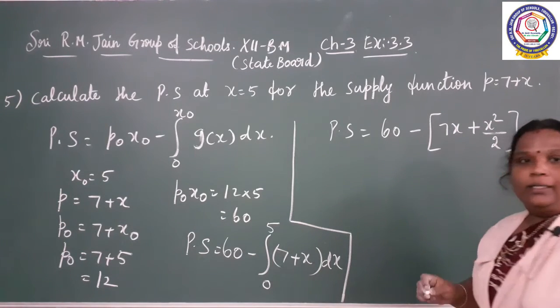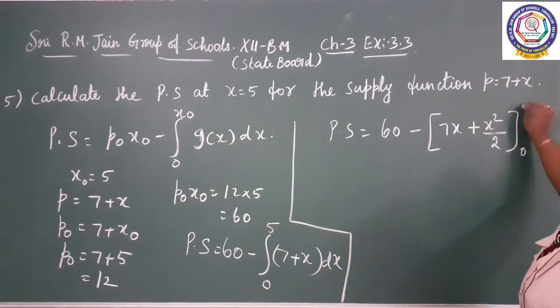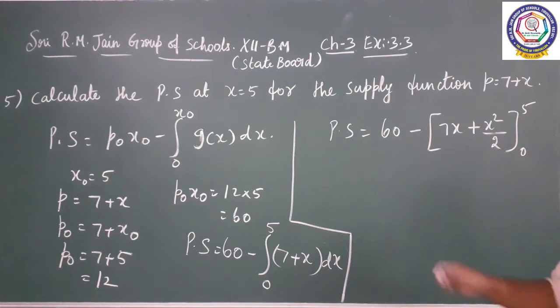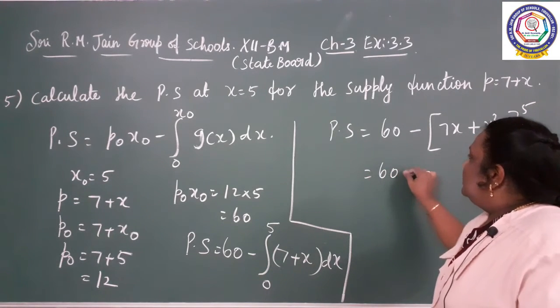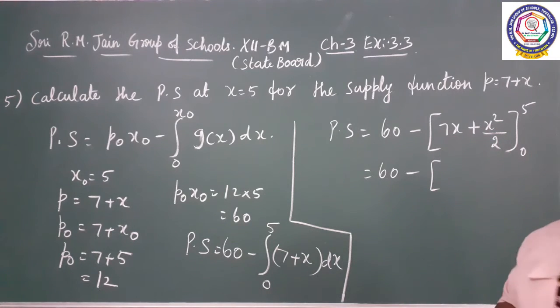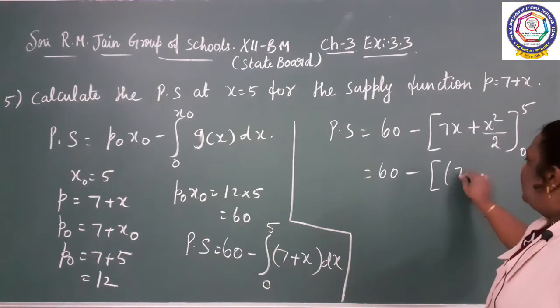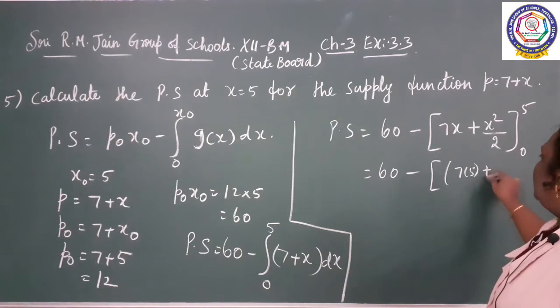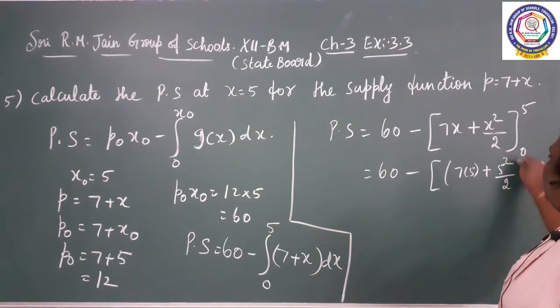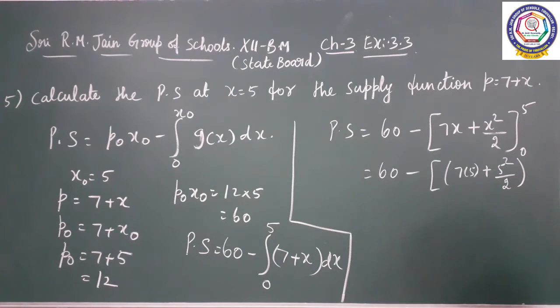What is the limit? 0 to 5. So it gives 60 minus, substitute the upper limit: 7 into 5 plus 5 square by 2, minus the lower limit 0.